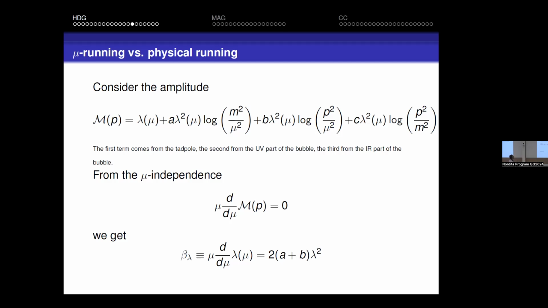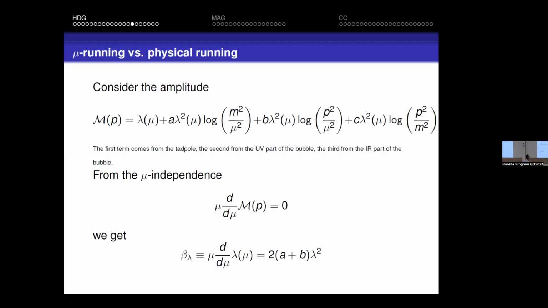now if you look at this and you use the standard definition of the running coupling, namely you impose that the amplitude is independent of mu, it will give you the beta function for mu that is 2a plus b lambda squared. It comes from these two terms, you see. But you see, this term has nothing to do with the momentum dependence.